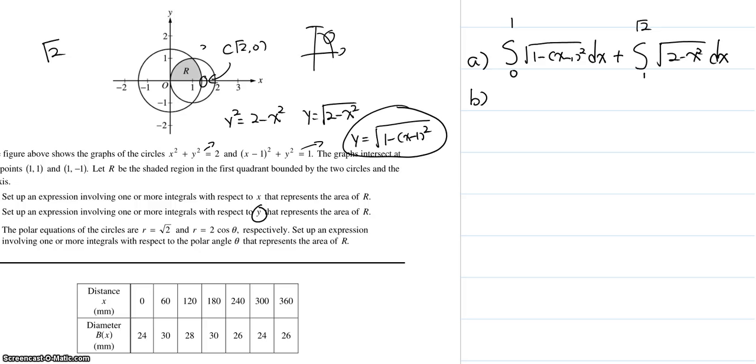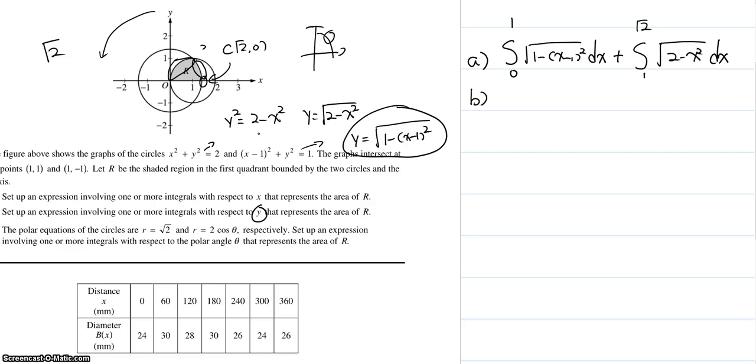If you really want to look at the integral with respect to y, you can literally just turn this whole graph 90 degrees counterclockwise, and you can see that in this case it's much easier because you have an upper bound of the bigger circle and a lower bound of the smaller circle. You can just use the integral of the higher bound minus the lower bound. Then the problem is just to rewrite this in terms of y.